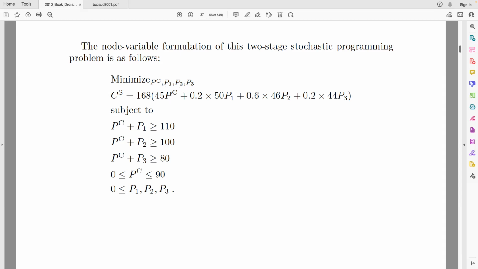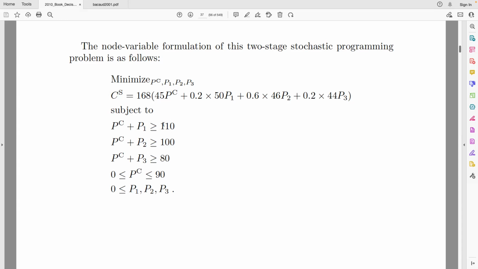The first term corresponds to the cost for the contract. The second term, the cost for the first scenario, second scenario, and third scenario. The constraints are as follows. The first constraint says that the power we buy from the contract plus the power we buy from the pool in scenario 1 has to be greater than 110, because remember that the demand in scenario 1 is 110 megawatts.